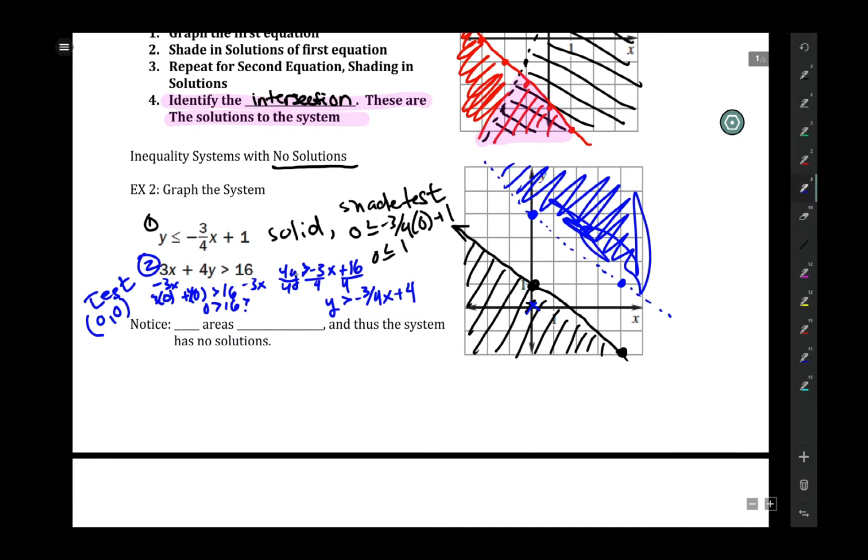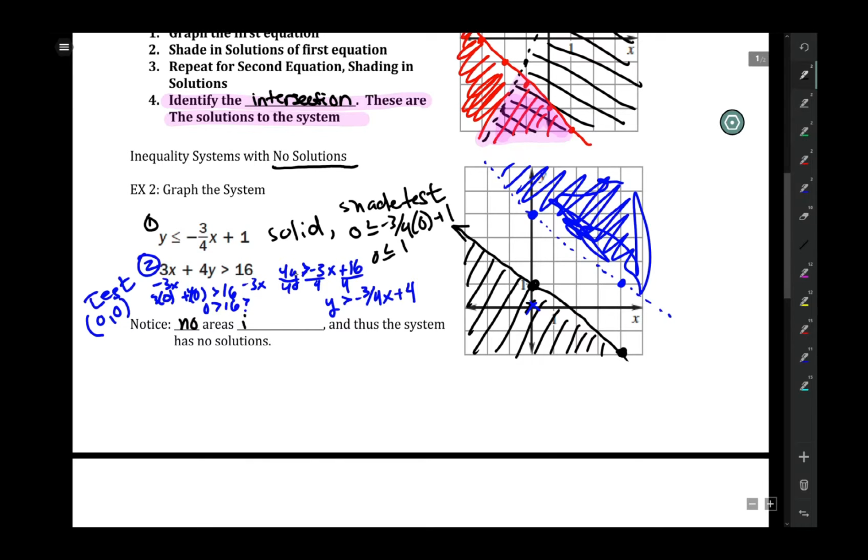Now, before we had the pink area where everything intersected. Now we have no intersection point, kind of a no man's land. So if you have a no man's land, or you have nowhere that they intersect, in that case, there are simply no solutions.